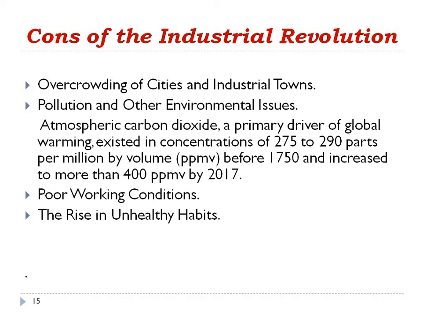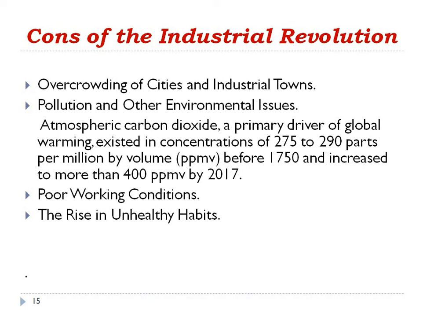The atmospheric carbon dioxide, which is a primary driver of global warming, existed in concentrations of about 275 to 290 parts per million by volume, ppmv, before industrial revolution, that is during the 17th century or 18th century beginning. It increased to more than 400 ppmv by 2017.